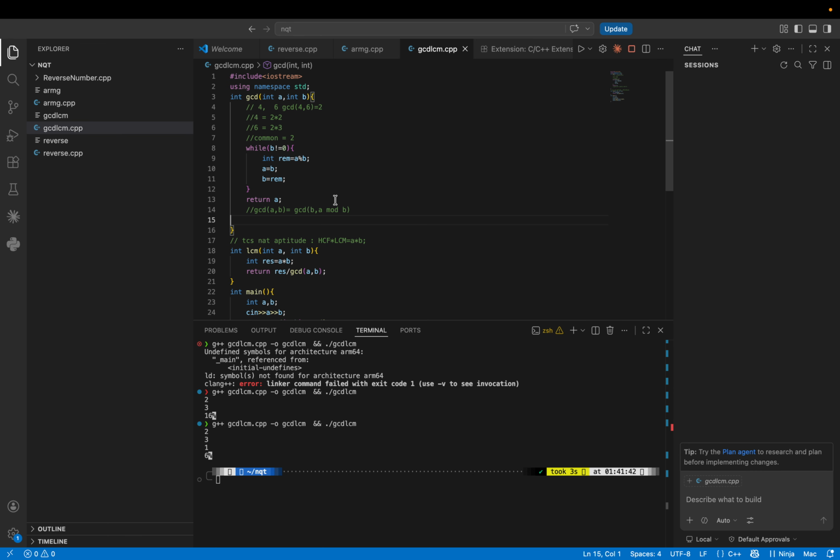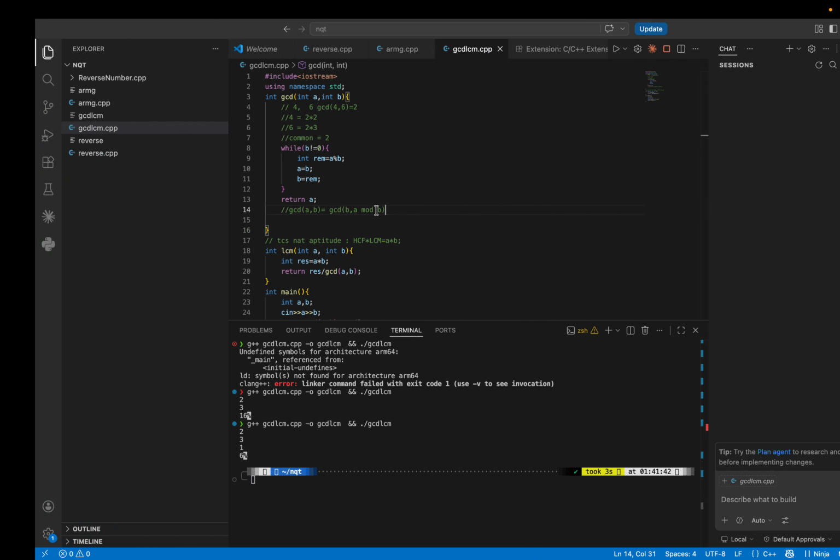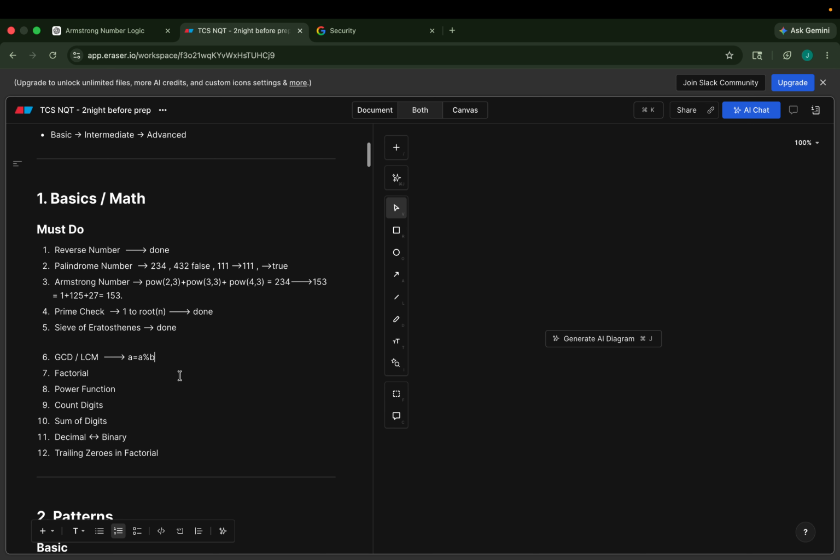AB is BA, but with a little twist. So GCD and LCM, the part we used to get most of it, is done: GCD of A comma B is equal to GCD of B comma A mod B.